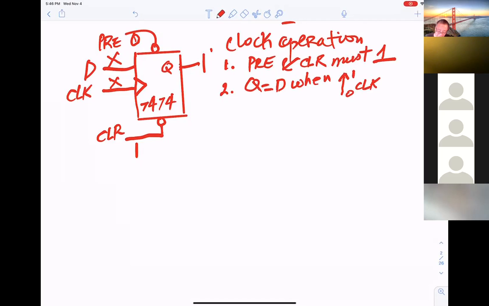Number 3: Q has no change if there is no clock transition.